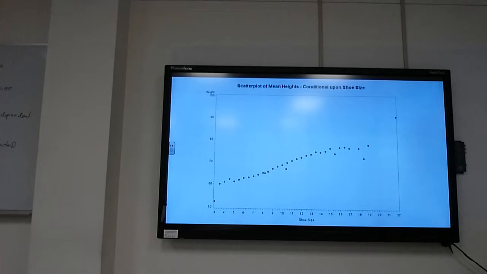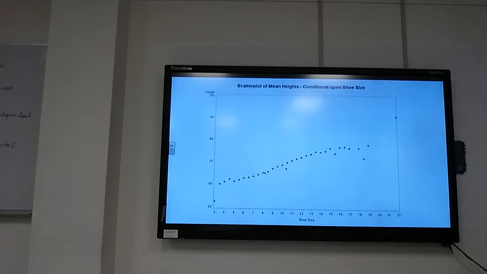Now I'm using notation a little bit different than what they have in the book. I want to reinforce this idea of a conditional distribution, conditioning on your shoe size. What's the average height of everybody who has a size 9? Then the average heights are a function of shoe size. In fact, it's a linear function.